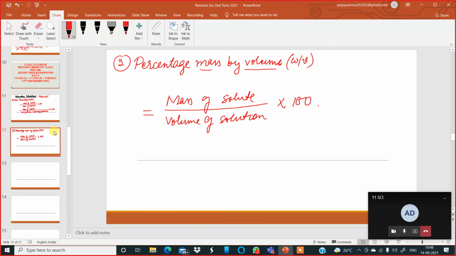This is the second term used in volumetric analysis. So the concentration is W by V.